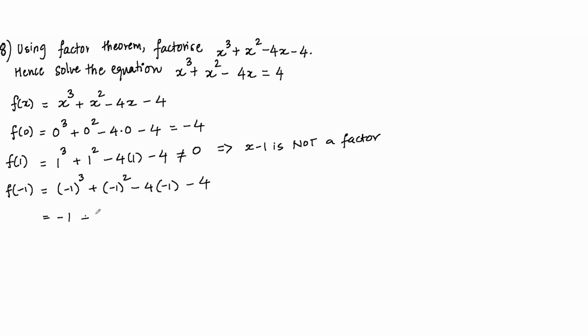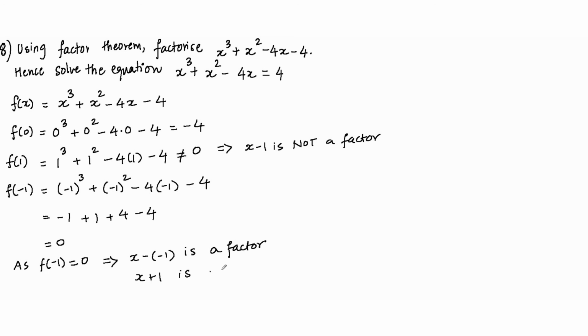Negative 1 the whole square becomes positive 1. Negative 4 into negative 1 becomes positive 4, and then I have negative 4, and this equals 0. So now, as f of minus 1 is equal to 0, I can say that x minus of minus 1 is a factor, or in other words, I can say that x plus 1 is a factor, right?